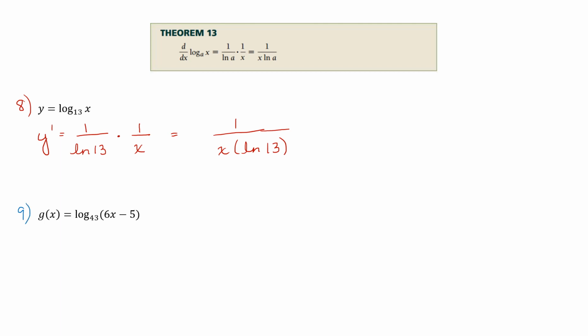Here we have g of x equals log base 43 of 6x minus 5. So g prime is equal to 1 over the natural log of 43 times 1 over the 6x minus 5 times the derivative of the 6x minus 5, which is 6.